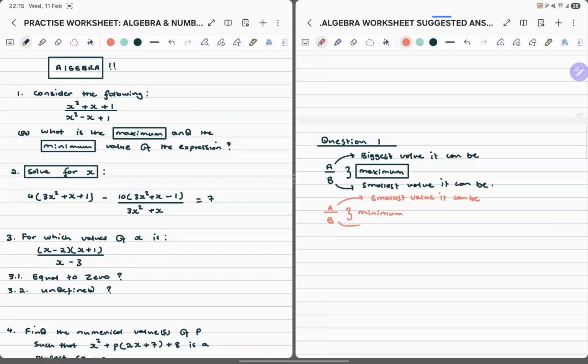And of course, the denominator must be the biggest value it can be. Right, so these are the basics, guys, when dealing with fractions or rational expressions, and of course, looking for maxima and minima.